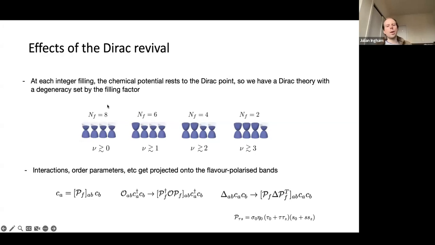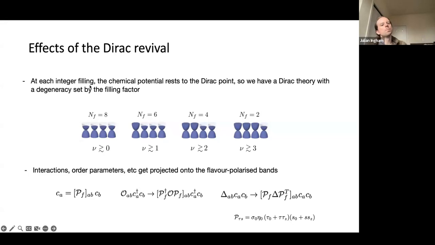All right, and now the way we're going to incorporate the Dirac revival in this Dirac theory is that at each integer filling, the chemical potential resets to the Dirac point, and we throw away some of the flavors. So if we wish to describe charge neutrality and the dopings just above it, we have 4 degenerate Dirac cones, degenerate with spin and valley, monolayer valley.